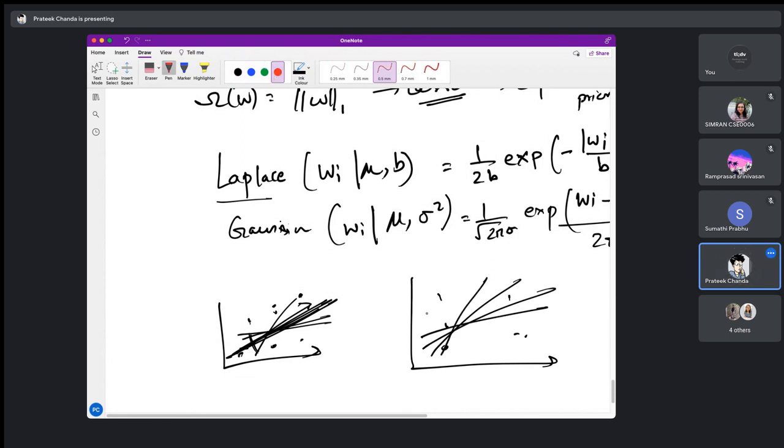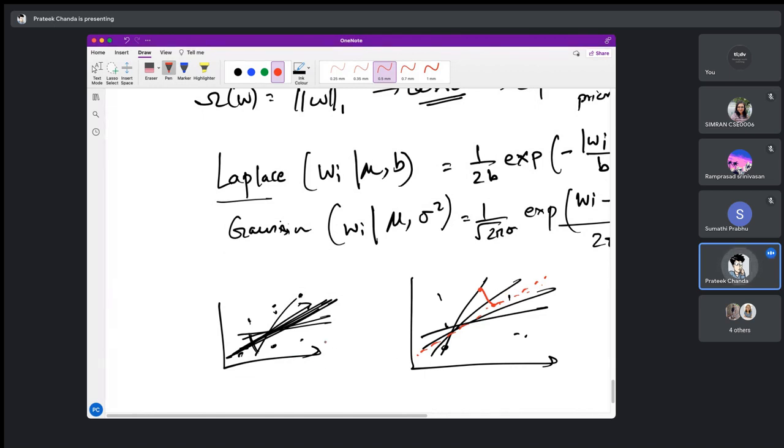My mean would be something like this, and my variance would be defined as, for this line, this minus this mean, whole square of that.